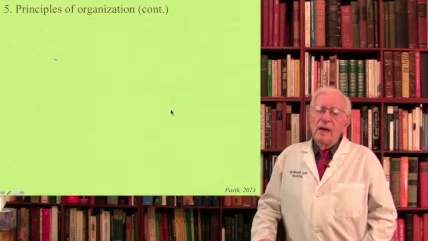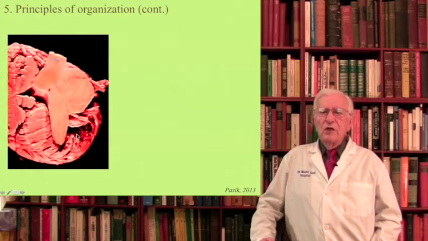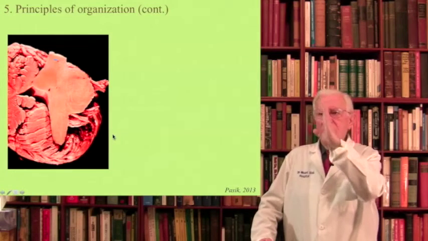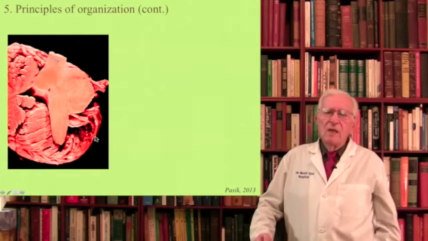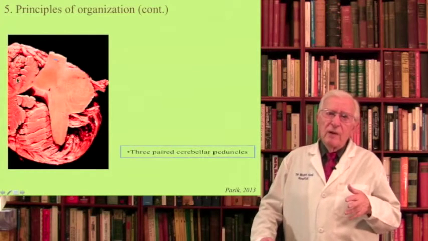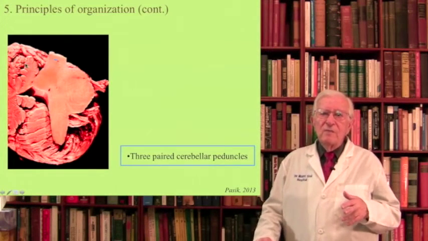All right. Now we take another aspect of the organization. Here you have a parasagittal cut, parallel to the midline. I'm showing this to show this is cerebellum, obviously, all right? And this is brainstem, right?